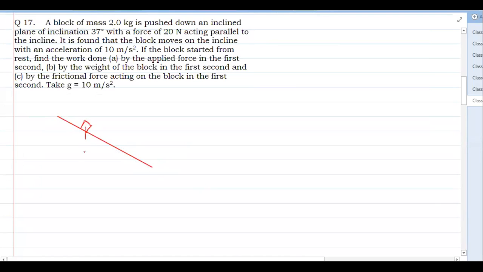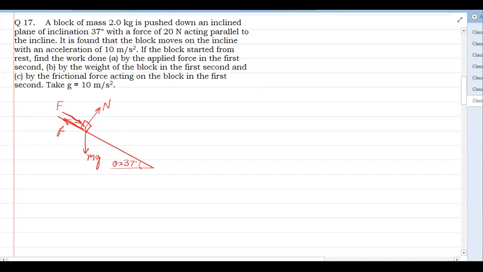One is its weight, second is normal, third, since it is pushed down the incline, F is applied like this, downward, the external force. And the friction will act upward. So these are the forces acting, and this angle is 37 degrees, theta equal to 37 degrees.